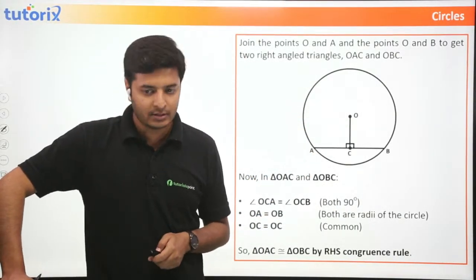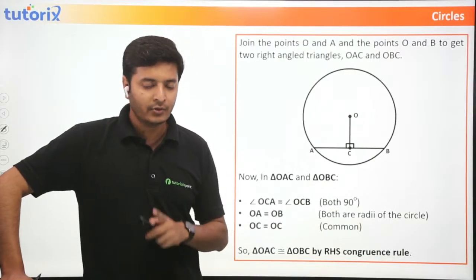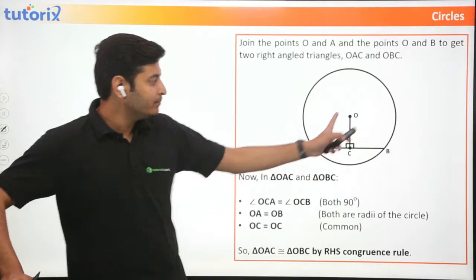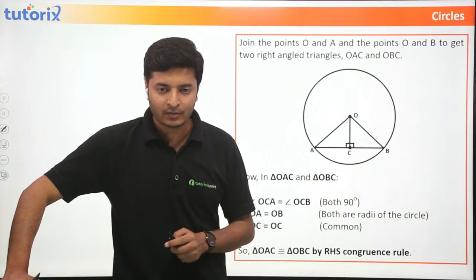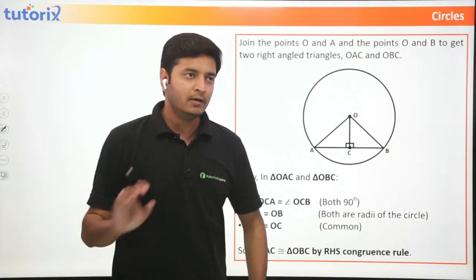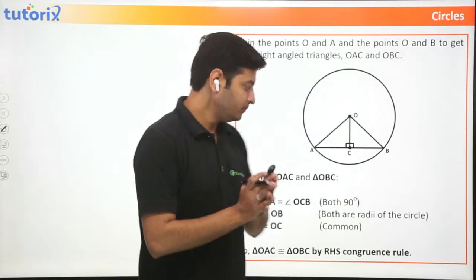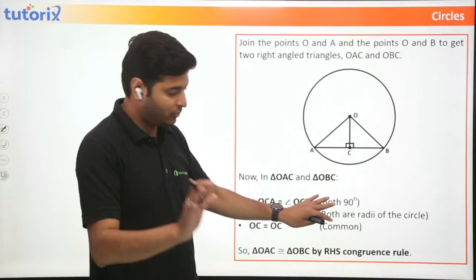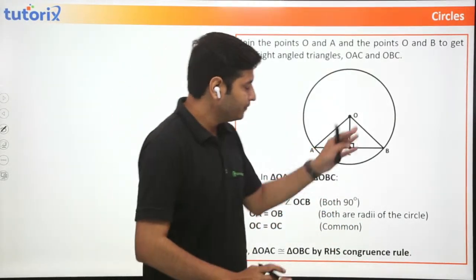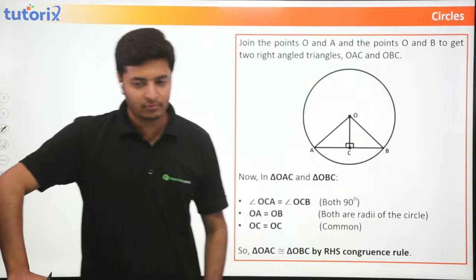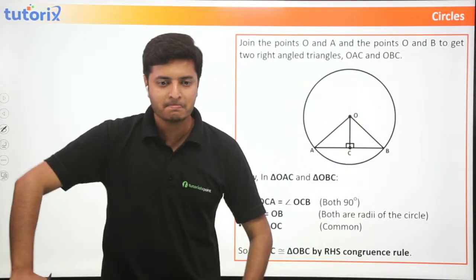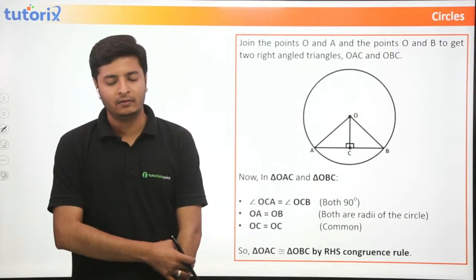Then B to O. So we join the center point O with A and with B, like this. Now, what can I see here? Without looking at the proof, can you tell me anything about these two triangles? Anything?